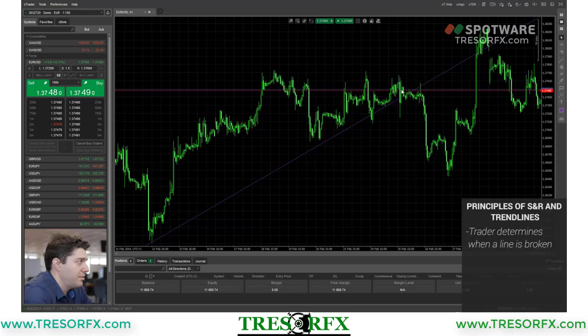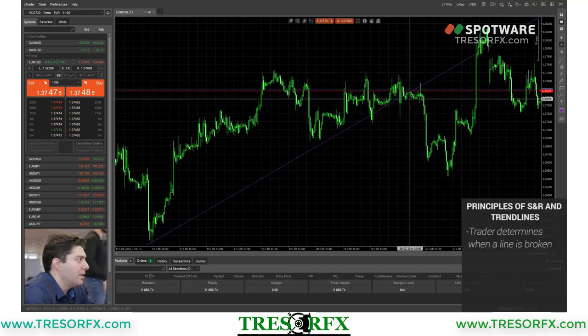More patient traders, and what most traders agree on, consider the break of a trend line to happen when a complete candlestick is drawn below the trend line, all of the candlestick from high to low. The first candlestick like that is this one, so you can have a break here.